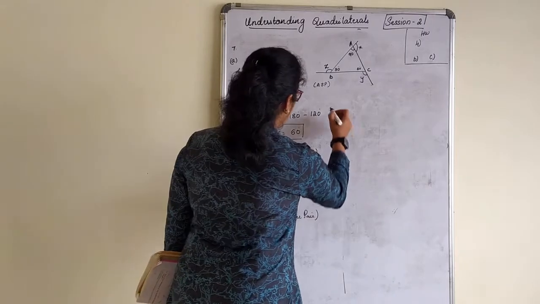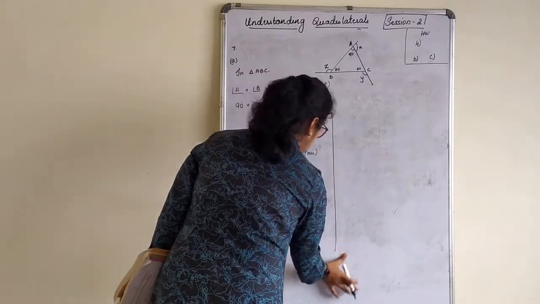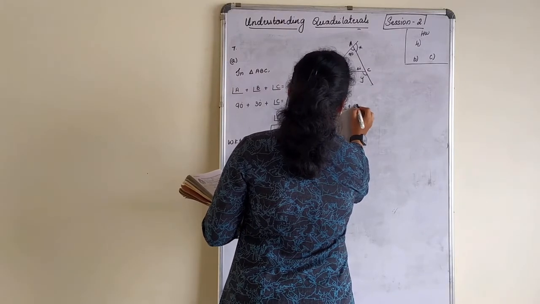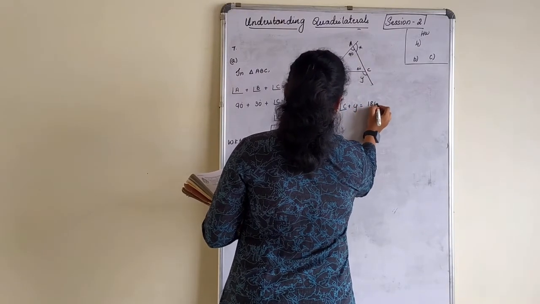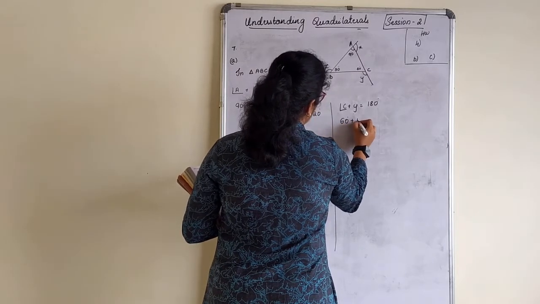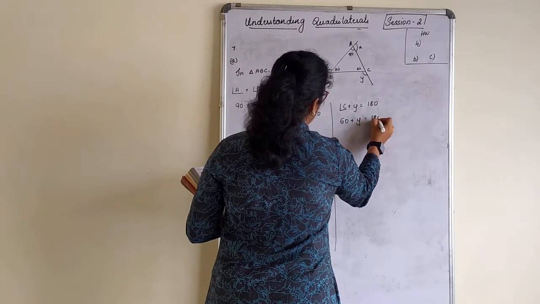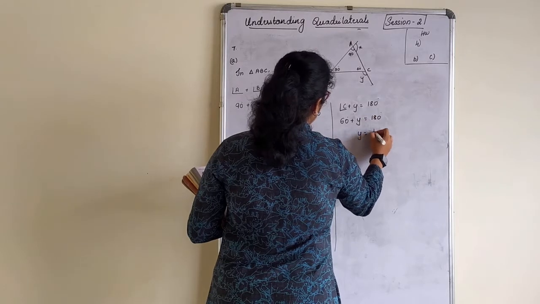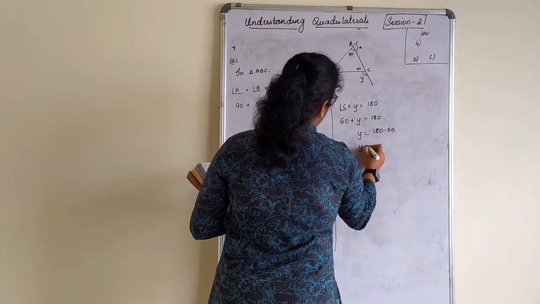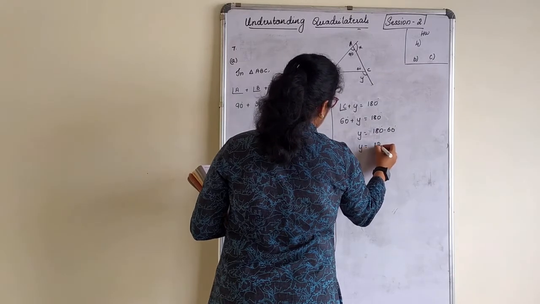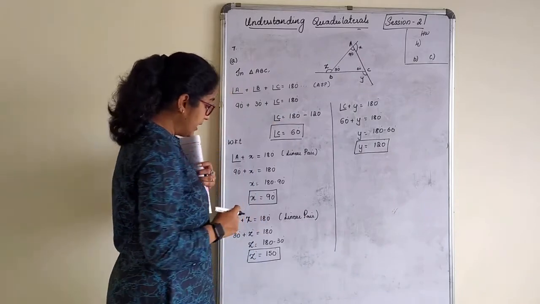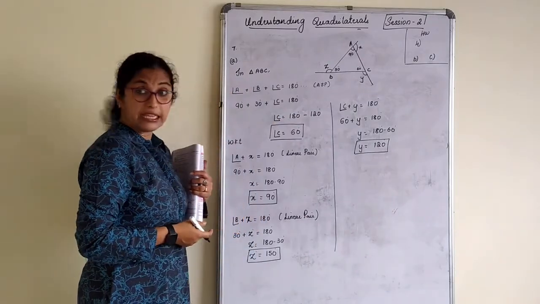And the last one. Angle C plus y is equal to 180. So angle C is 60 degrees plus y is equal to 180. Angle y is equal to 180 minus 60. Angle y is equal to 120 degrees. Okay. We have got angle x, angle y and angle z.